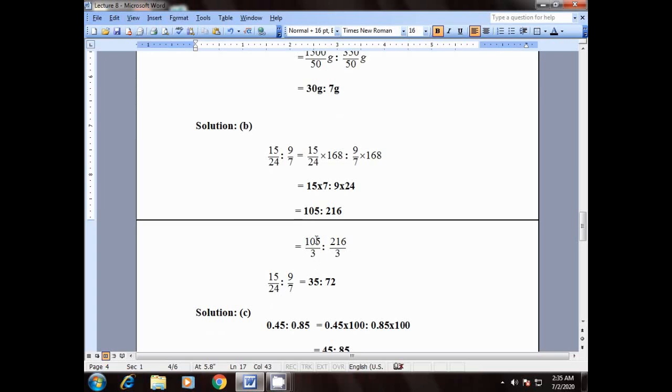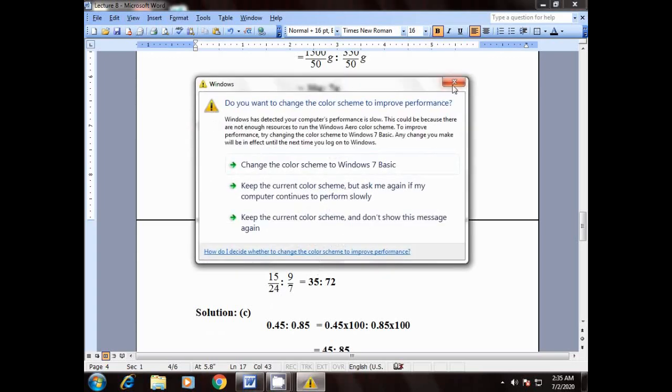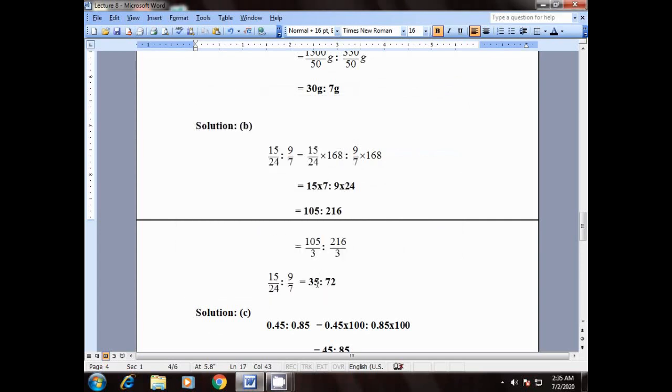Means if you divide this 105 by 3, you will get the quotient 35. Same as, let's divide this 216 by 3. Then the quotient will be 72. Now 35 ratio 72 is the simplest form of the given ratio 15 divided by 24 ratio 9 divided by 7.